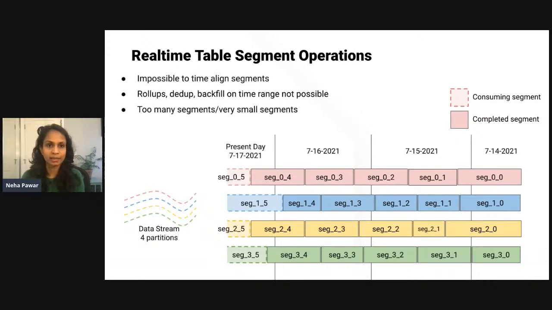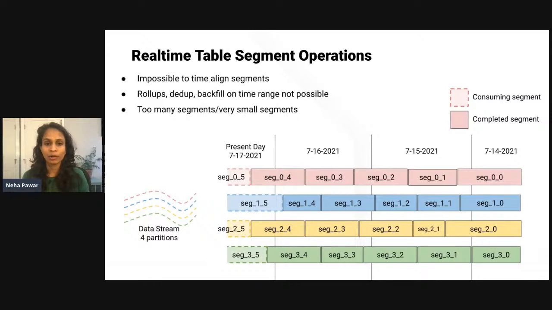So why is this a problem? Because we saw earlier that there are certain operations that rely on having segments aligned to time boundaries. So in real-time tables, it's not possible to easily do a backfill on a specific time range, or if you wanted to do roll-ups for a particular time range, or dedupe the events across, say, an hour or a day, that's again not possible.